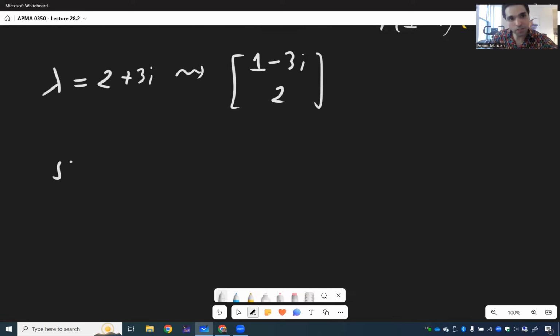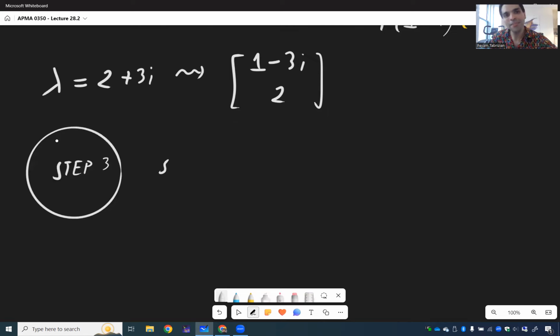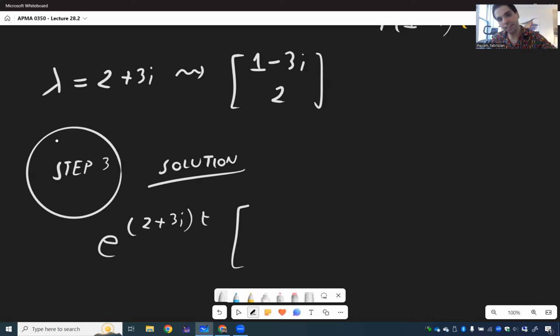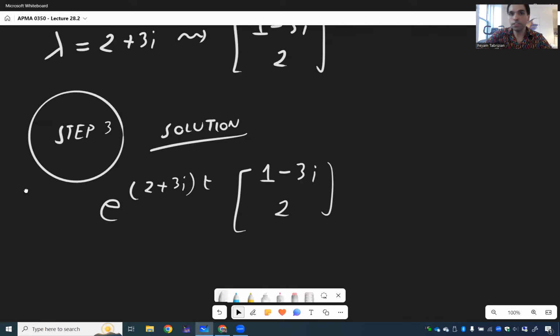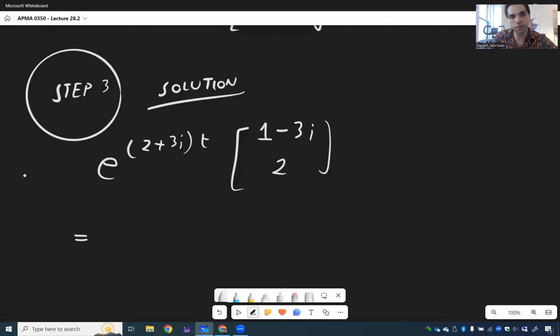Okay, and now let's build our solution. So let's build our snowplow. So remember e to the eigenvalue times t. So e to the (2 plus 3i)t times the eigenvector, (1 minus 3i, 2). And again, we want to split into real and imaginary parts.